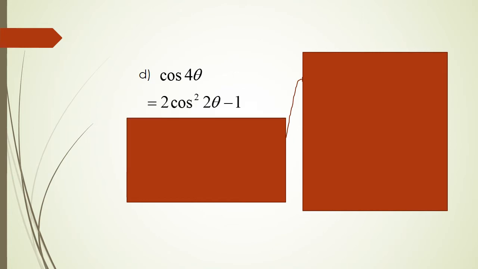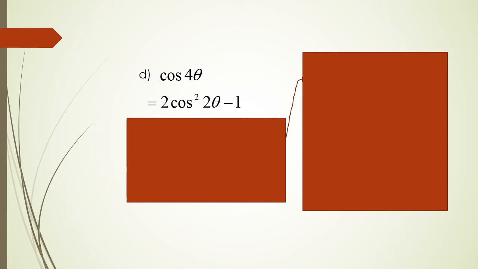Next question is cos 4 theta. Now 4 theta is pretty big. 4 theta is twice as big as 2 theta. So we're going to use the double angle formula for cos, but it's for cos 4 theta, so it's 2 cos squared 2 theta minus 1, because 4 theta is twice as big as 2 theta.